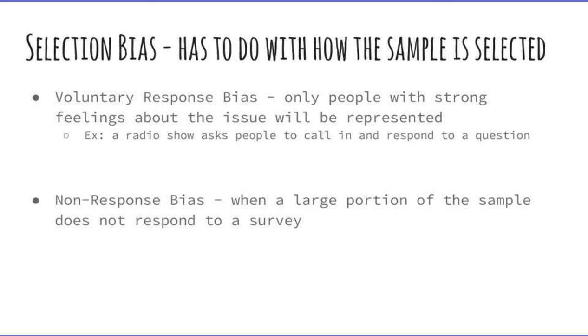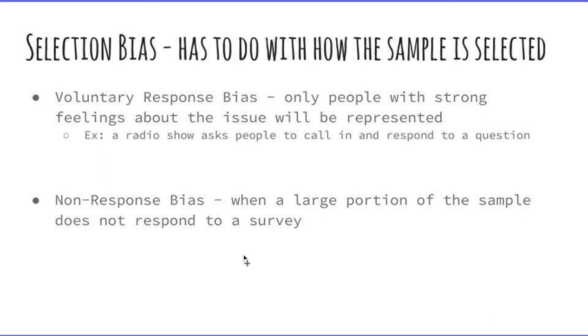So if they are talking about whether or not Tom Brady should be suspended on SportsCenter and ask people to call in and comment or tweet and comment, the only people that are going to tweet are the people that really care about whether or not Tom Brady plays. If they don't care anything about football, they're not going to respond. And then those people are excluded from your sample.